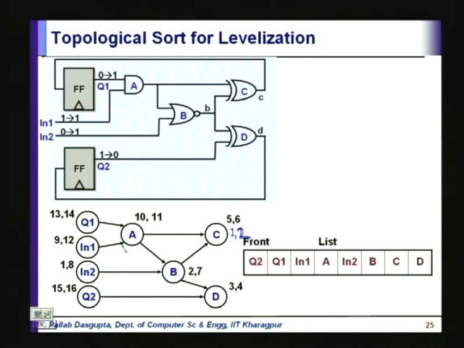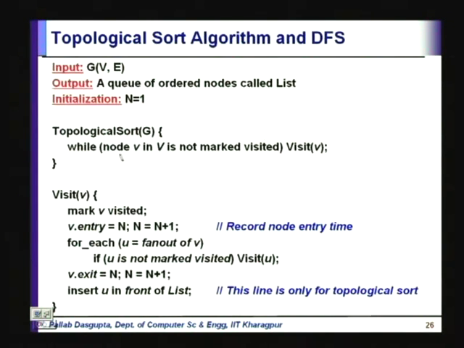But then when you would start labeling something on the left side of this, they will anyway get exit level more than this. So, there is no harm in doing that, right. So, it is not necessary that you have to always start from the nodes which are here, you could start from anywhere and do that numbering, right. So, that is why we just look for node V which is not marked visited and call this recursive function on V.